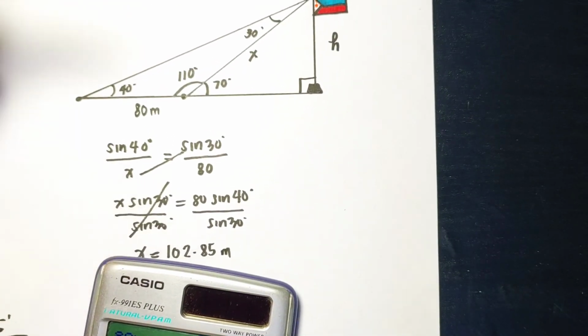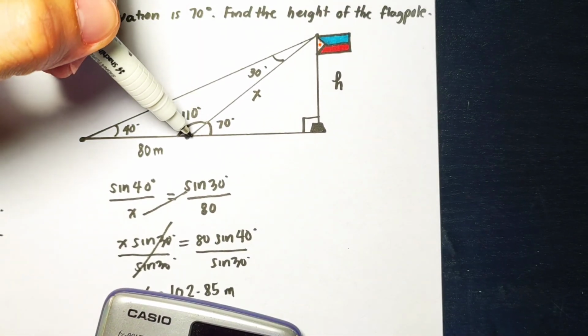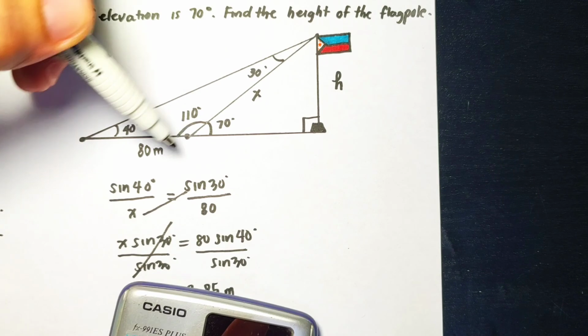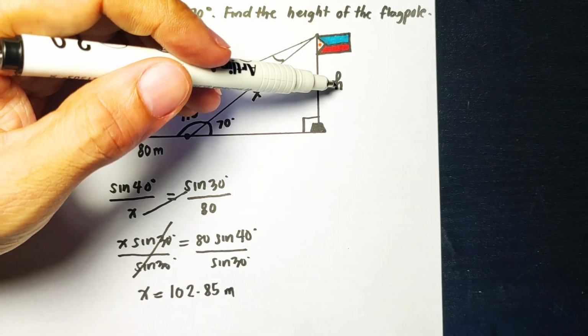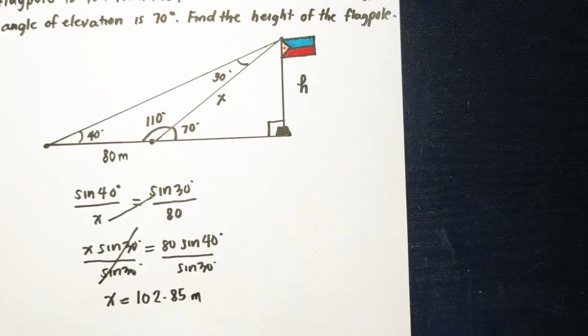That is only the measure of the hypotenuse of the given right triangle, but we are looking for this side, the height of the flagpole.